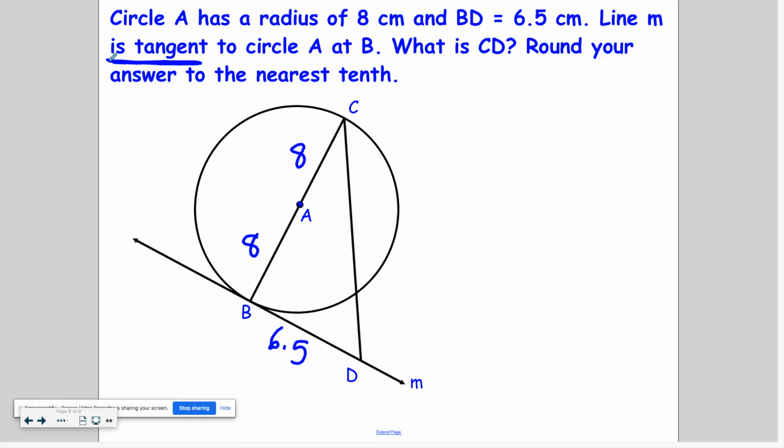So I'm not trying to find out if it's tangent, I'm using the fact that it already is tangent. So I know this is a 90-degree angle because they told me it was tangent. And I'm looking for CD, so I'll just call that X. All right, so that would just be the Pythagorean theorem. 16 squared plus 6.5 squared equals what I'm looking for squared, and you solve.